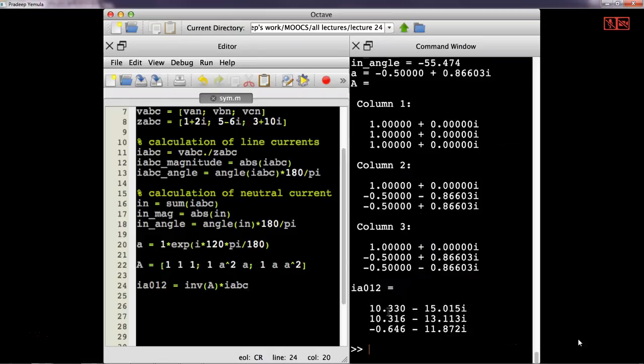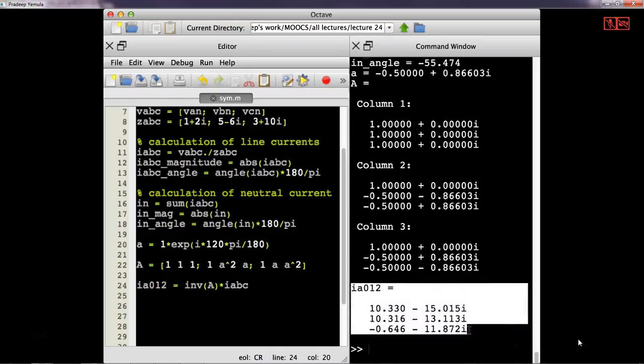You notice here IA0, we are getting the sequence components of the currents. If I want to know the magnitude and angle, I'll do that also.